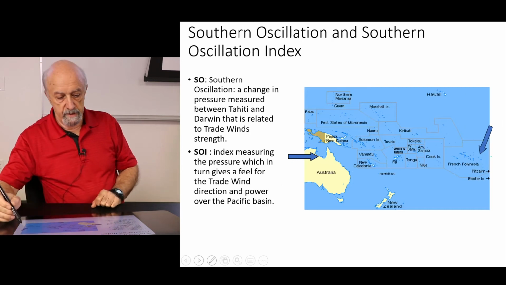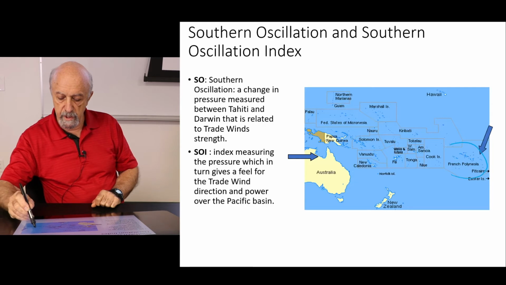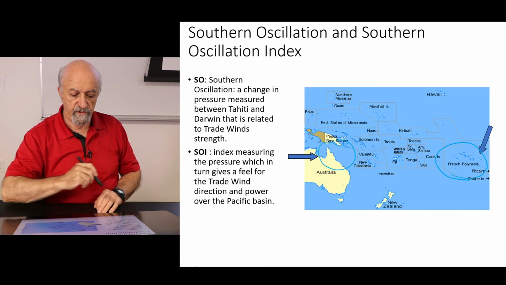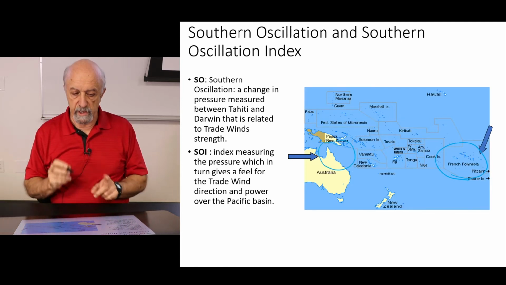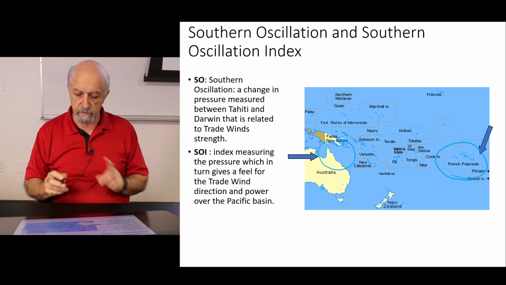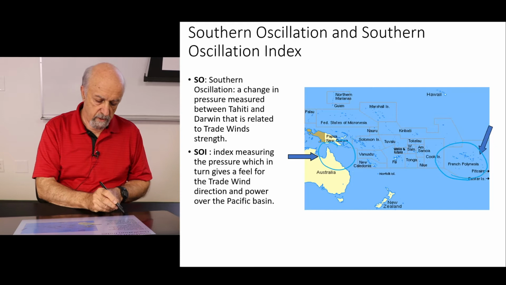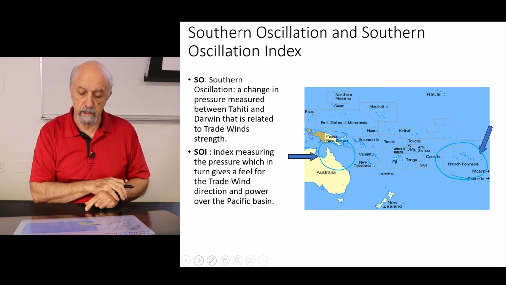So here, we may measure the pressure here and measure the pressure here and see that when we see a variation, a positive or negative gradient, is a reason we may actually go into El Niño.